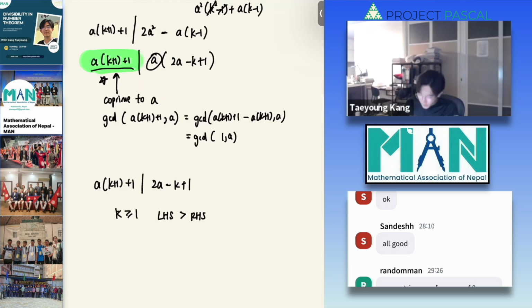And this must be true because A K plus 1 is at least 2A plus 1, which is larger than 2A minus K plus 1. But by fact 2.3, this cannot be true.